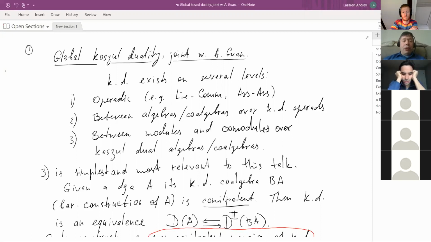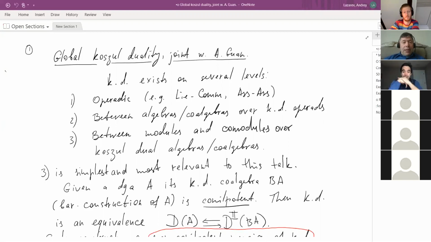There is a Koszul duality. There is another level, one level down, as it were, between algebras and coalgebras over Koszul dual operads. So for instance, that would be duality between Lie algebras and commutative coalgebras, or between associative algebras and associative coalgebras. And then there is the lowest level, the duality between modules and comodules over Koszul dual algebras and coalgebras.